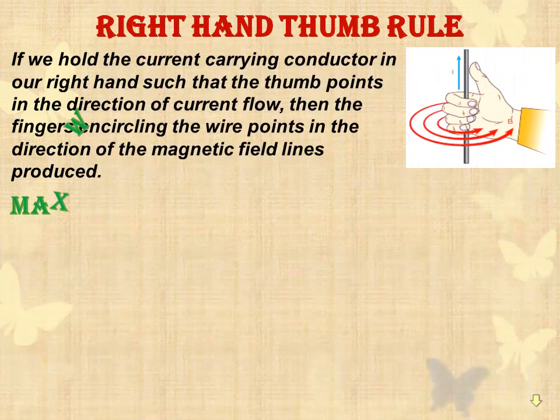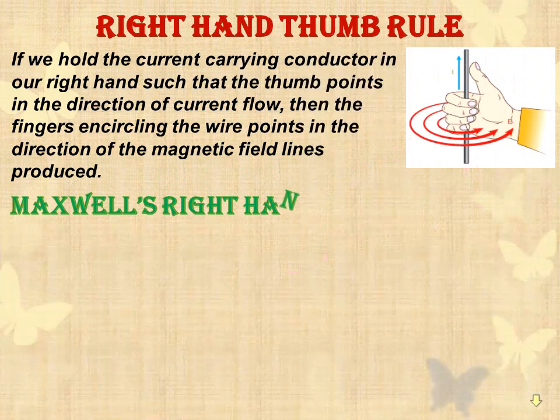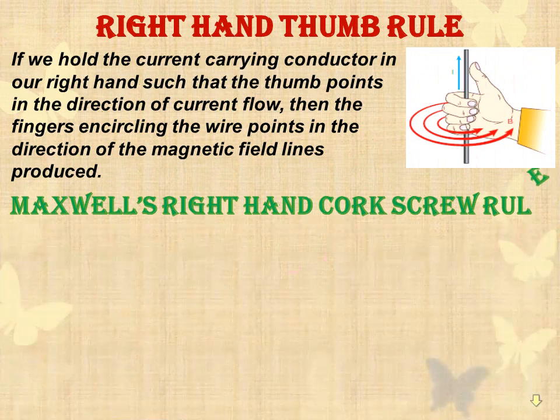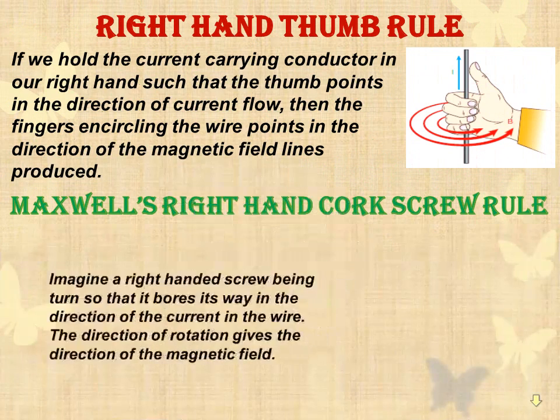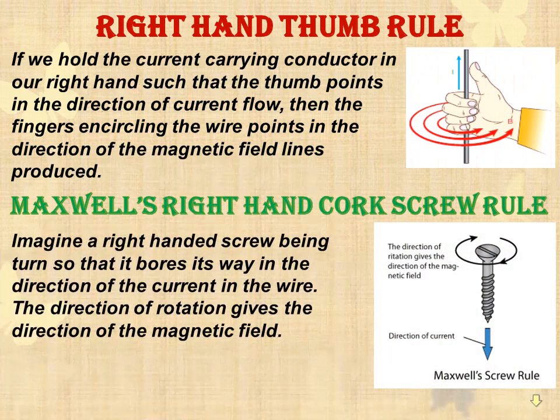Then Maxwell's right hand corkscrew rule. Imagine a right-handed screw being turned so that it bores its way in the direction of the current in the wire.